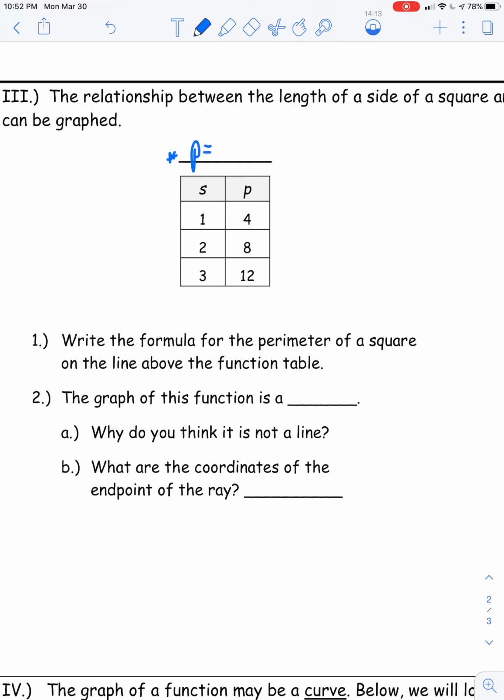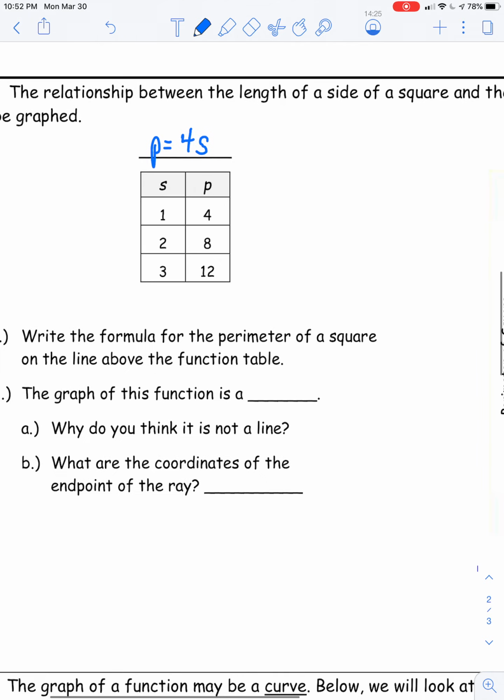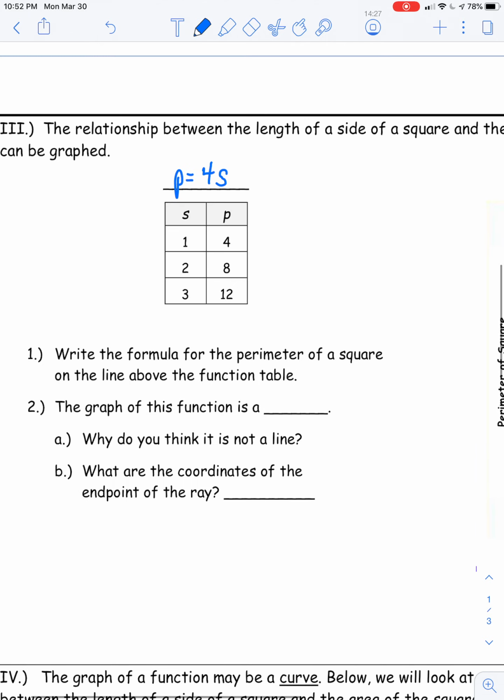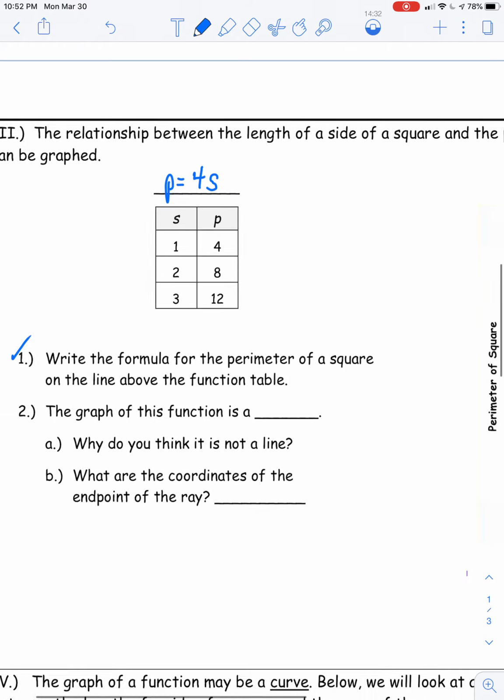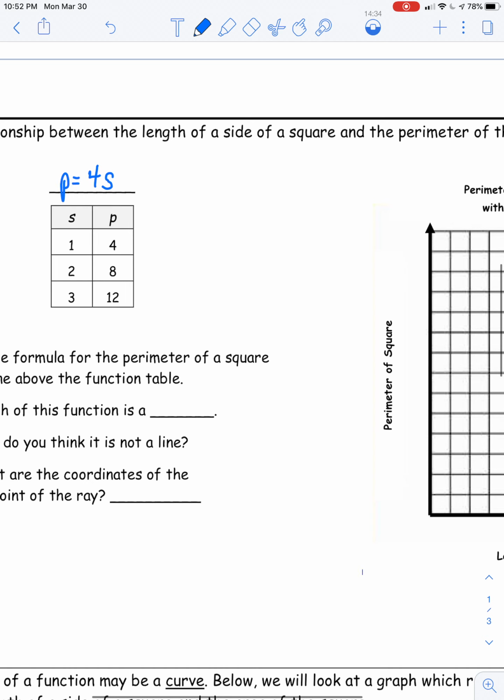Well, we know if it's a square, all sides are equal, right? So if I multiplied one side length by 4, wouldn't that give me the perimeter? So there is our formula for the perimeter of a square. Number 1 is done. We can't answer number 2 until we actually graph this.